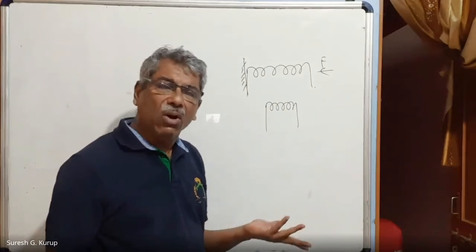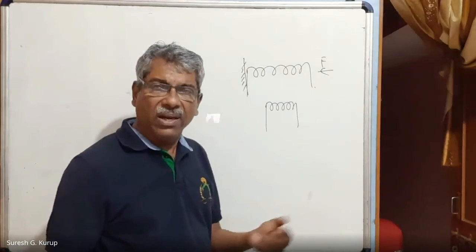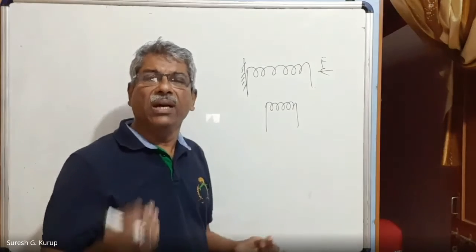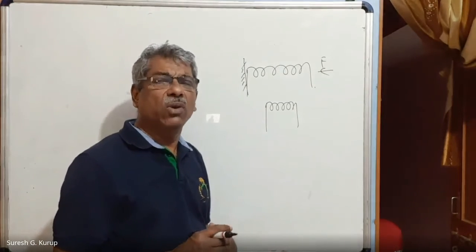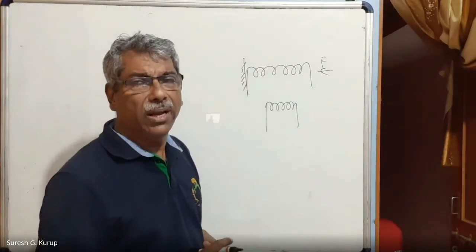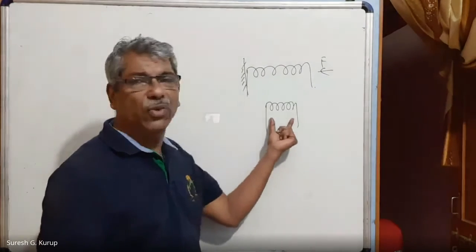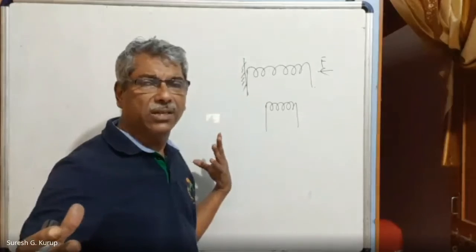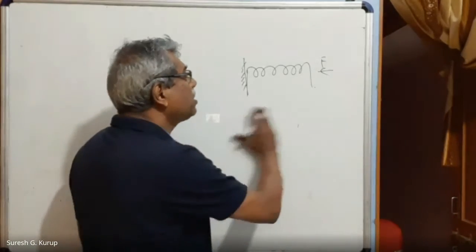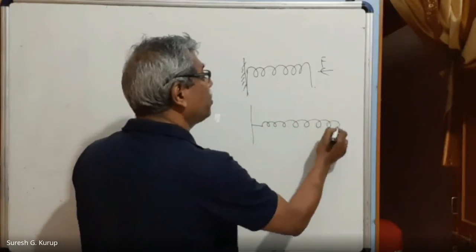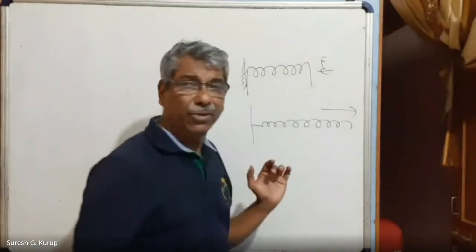Even for a string, meaning a wire, a hard wire also, when extended or compressed, energy will be stored in it. That is called elastic potential energy. In most conditions we explain, we take the case of a spring only. Suppose this is the original length of the spring, and now it is extended up to this much by the application of a force.